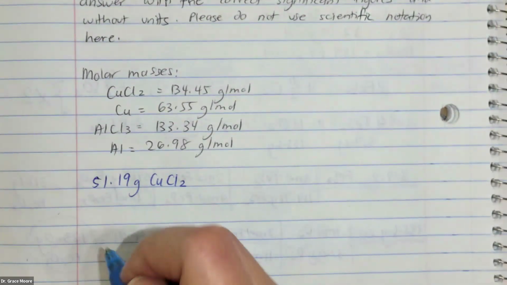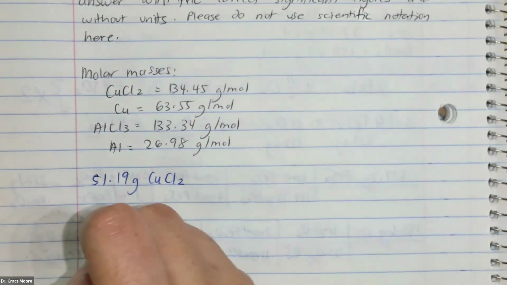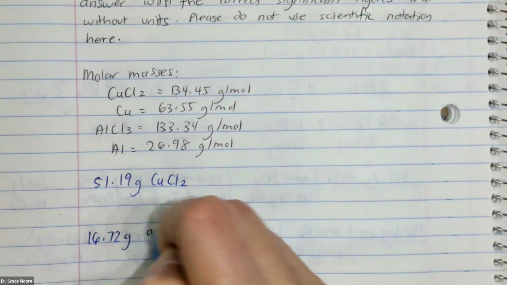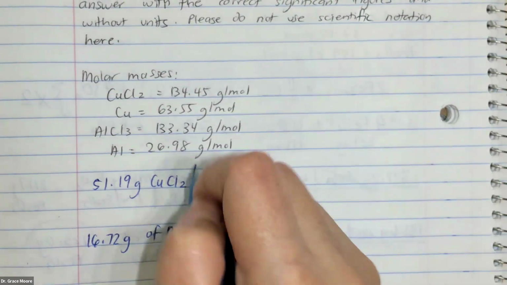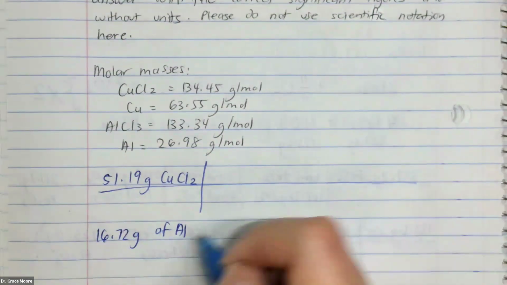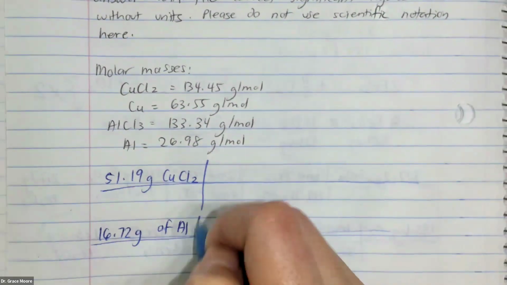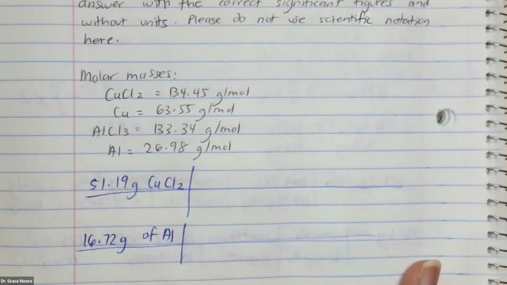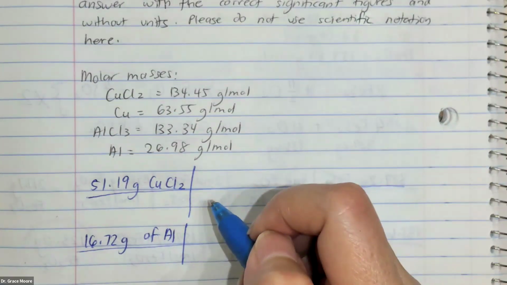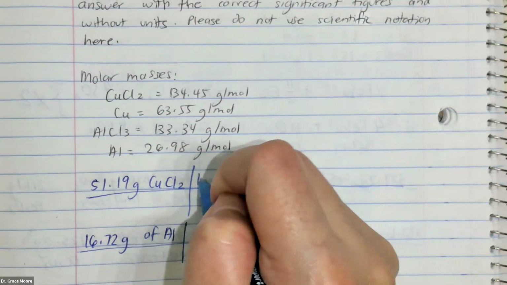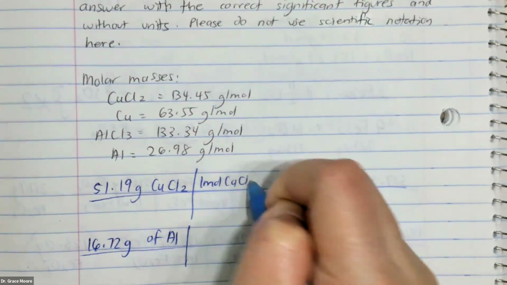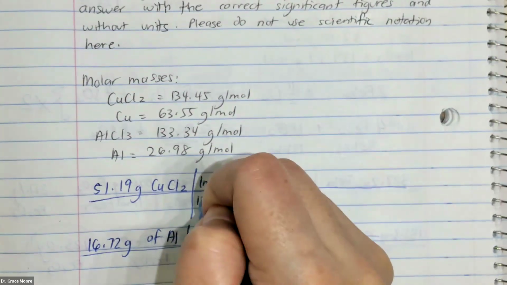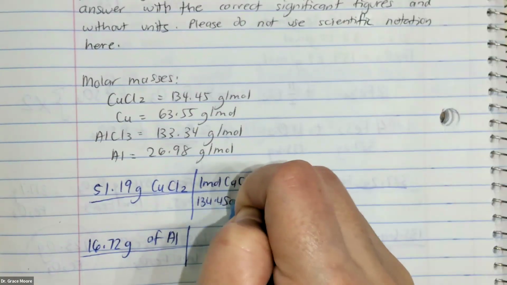And then I'm going to do the same thing for the other reactant, 16.72 grams of Al. I'm going to turn to moles and then mole to mole ratio, and then we'll target towards grams of copper. So in this case here, 1 mole of CuCl2 is 134.45 grams.